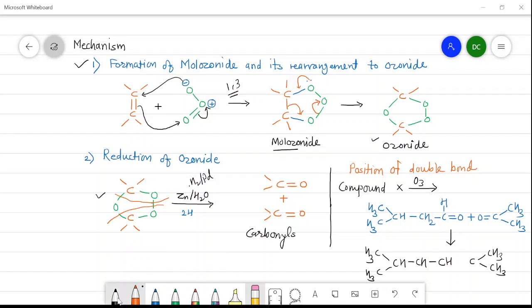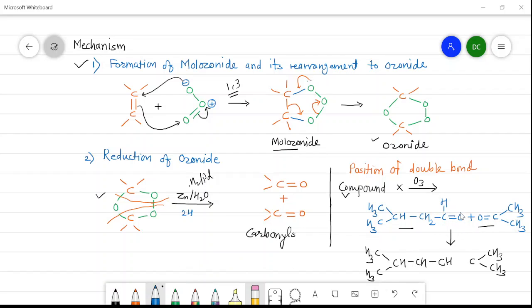Now see, this is the compound X. We don't know the formula of X. When it undergoes the ozonolysis process, we get this type of compounds. So this is the first carbonyl compound, this is the second carbonyl compound. We know the structure of these carbonyl compounds. Then we have to join this carbon and this carbon together.